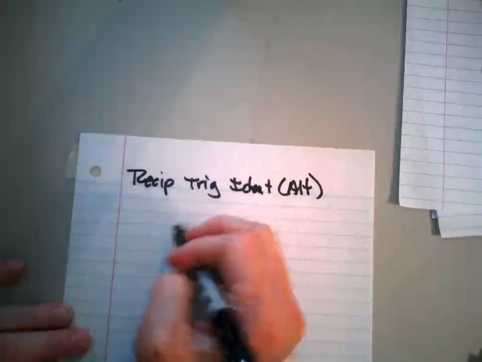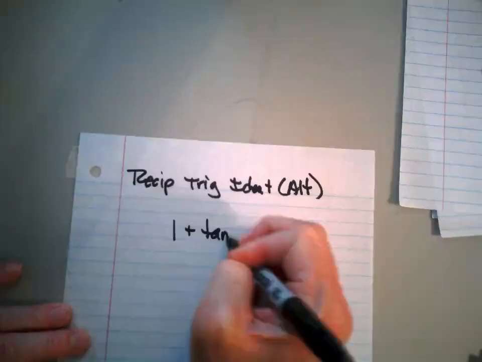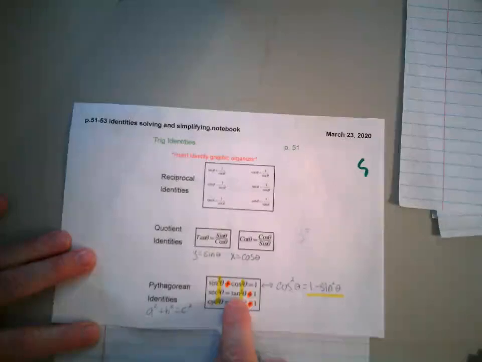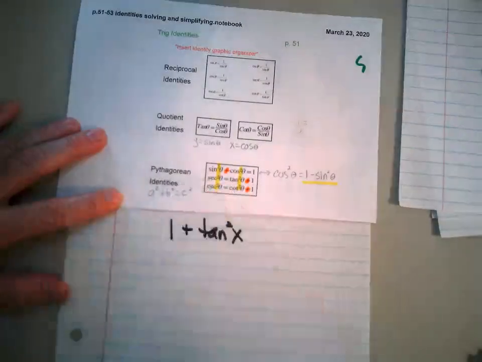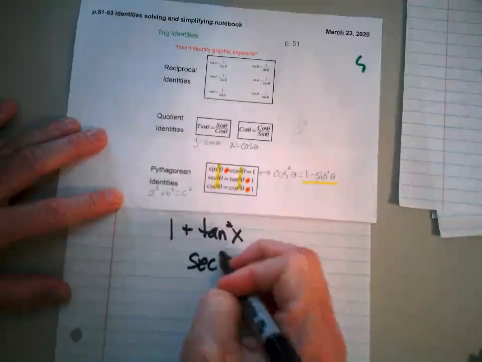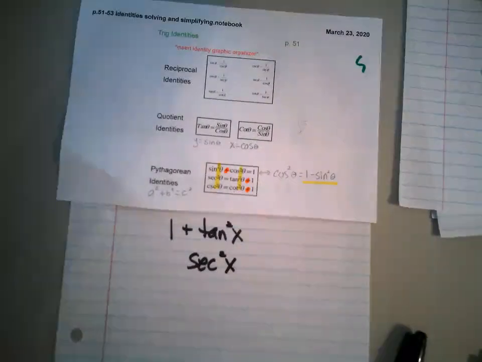So they're giving me 1 plus tangent squared x, and they want us to match it. All right, so these are going to come in real handy. So there's tangent squared theta plus 1 right there. So this identity that they've asked us to do right here, tangent squared plus 1 equals secant squared. That's going to be it.